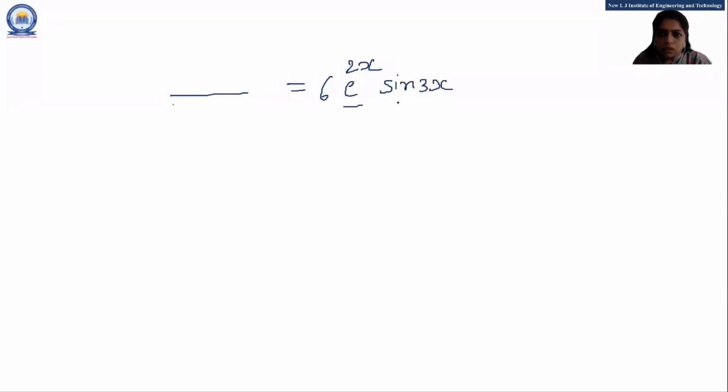This is the exponential term into the sine term. The derivative of e raised to 2x is 2 e raised to 2x, so in the family of e raised to 2x, there is only one member, e raised to 2x. And in the family of sine 3x, there are two members, sine 3x and cos 3x, right?